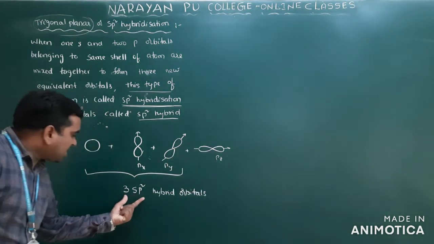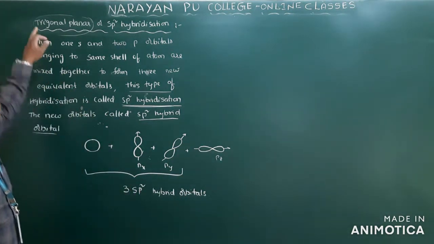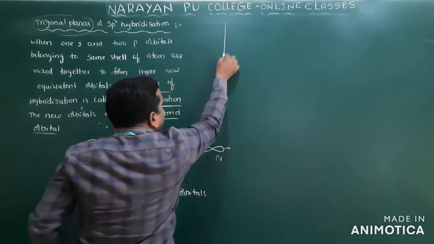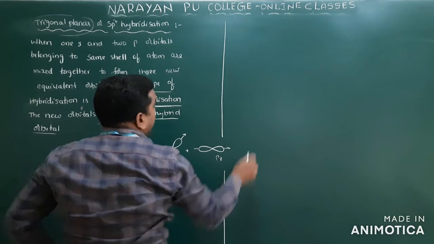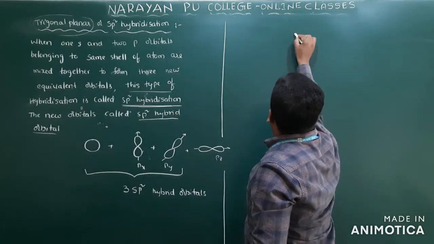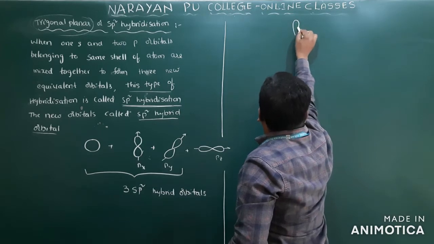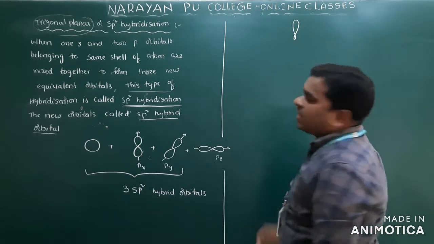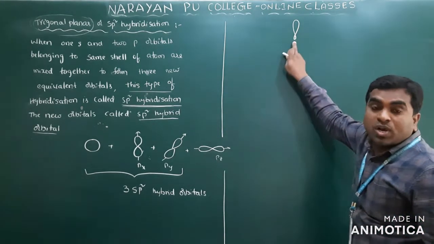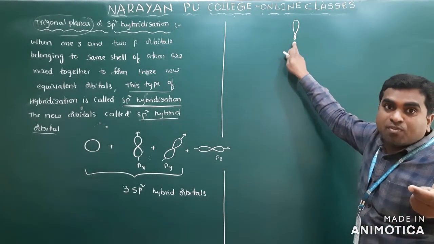Clear? And what is the shape of these three hybrid orbitals? Trigonal shape. Clear? So you know what the trigonal shape is. This is trigonal. So this is one sp2 hybrid orbital, because I already mentioned how to write the representation of a hybrid orbital.